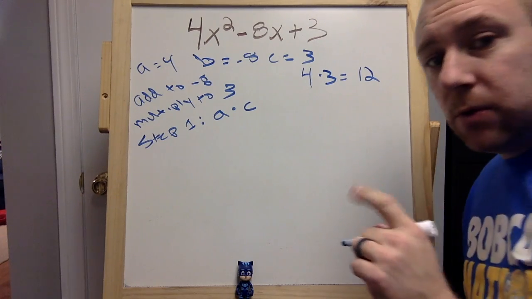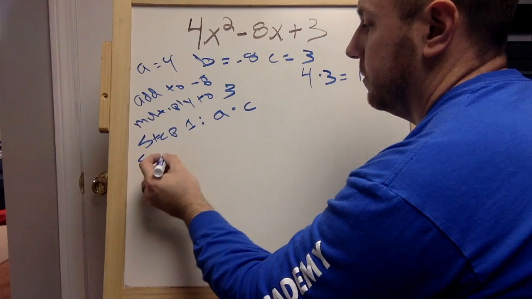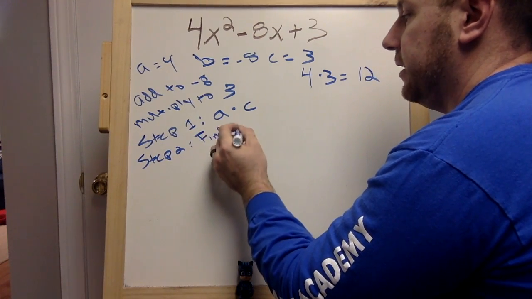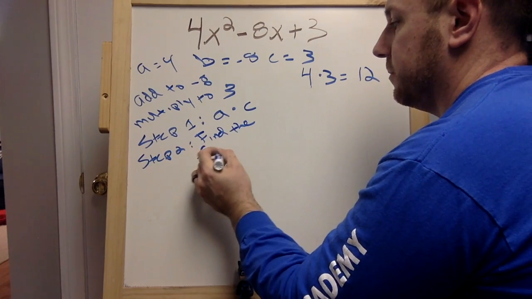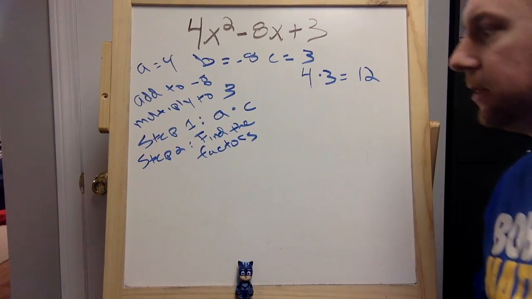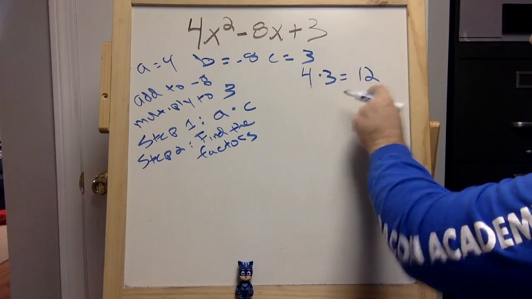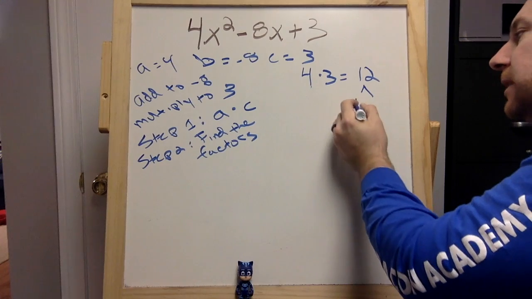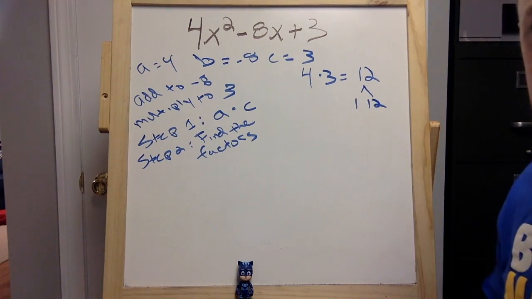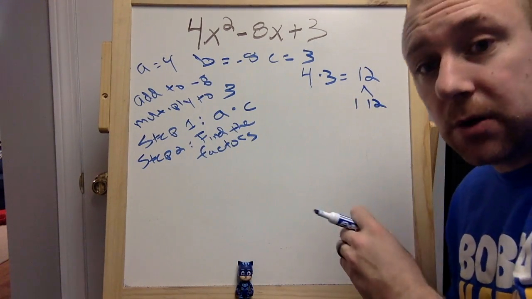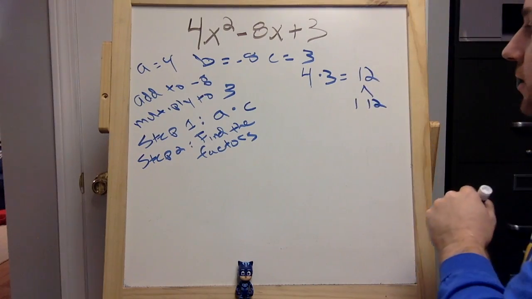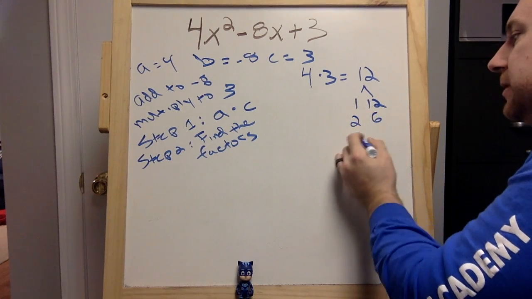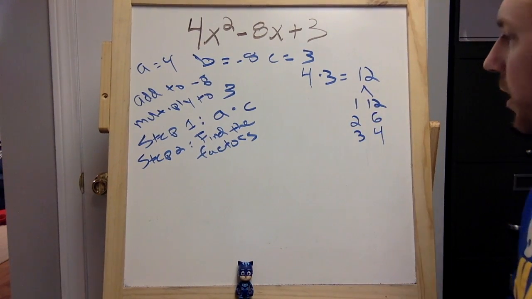Now, step 2 for this is find the factors. I'm going to take this 12 and break it down. That's what it means by finding the factors. Finding what numbers multiply to get the result. So 1 and 12, 2 and 6, 3 and 4.